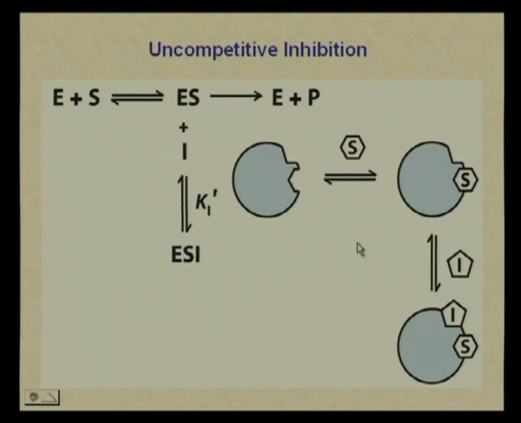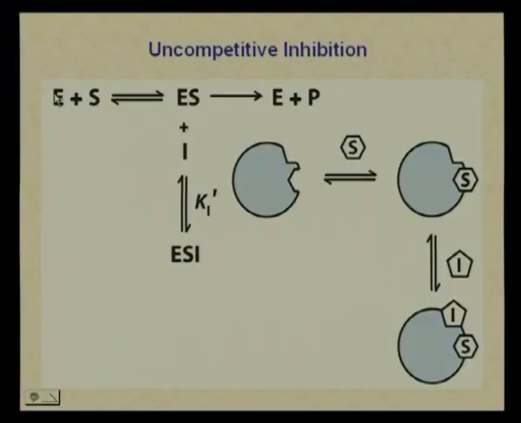Okay. Now, uncompetitive inhibition. What is uncompetitive inhibition? Uncompetitive inhibition does not react with the enzyme at all. There is no complex between the enzyme and this inhibitor. This inhibitor only reacts with the enzyme substrate complex. So, only after the enzyme substrate complex is formed will this inhibitor act.